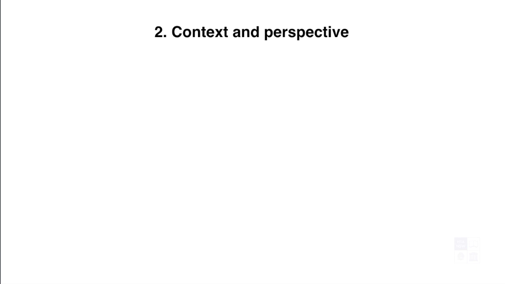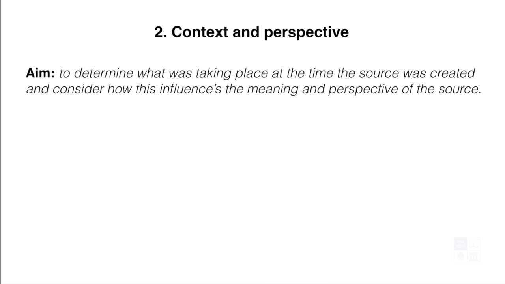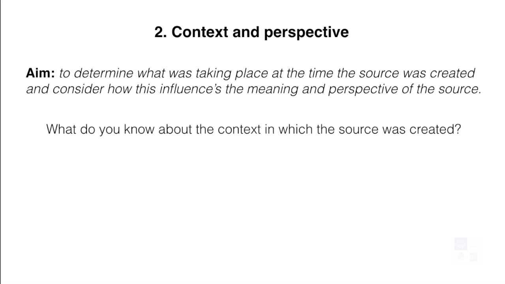Secondly, we move on to thinking about the context and the perspective. The aim here is to try to determine what was taking place at the time the source was created, and also to consider how that may have influenced the source's meaning and perspective. So a couple of questions you might ask at this stage are, what do you know about the context that the source was created in?